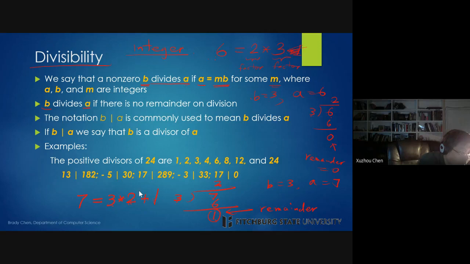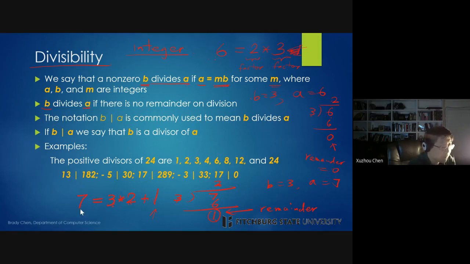Now, b divides a means that 3 cannot divide 7, but 3 divides 6, because when you divide 6 by 3, you get a remainder 0. But in this case, the remainder is not 0, so that means 3 does not divide 7.